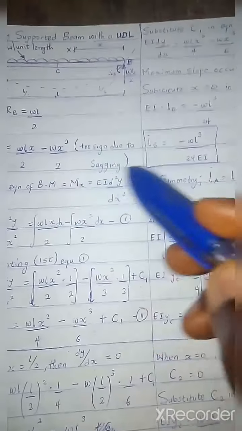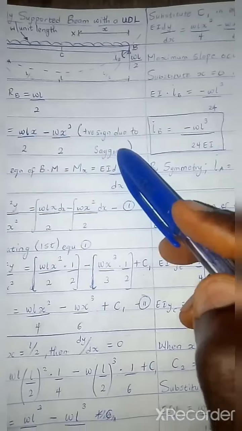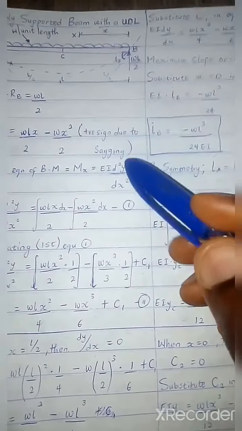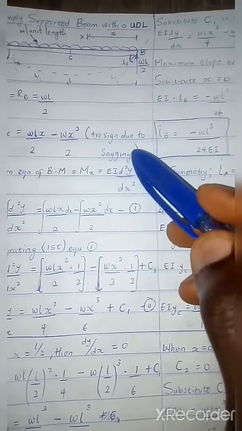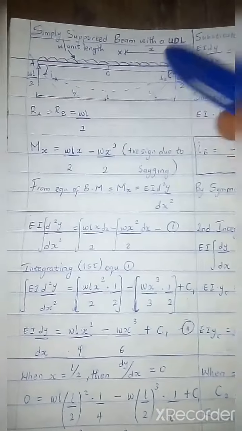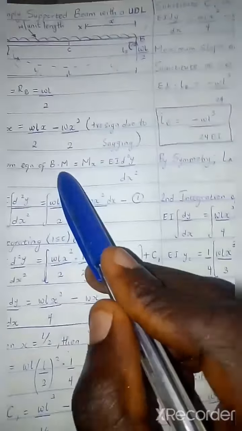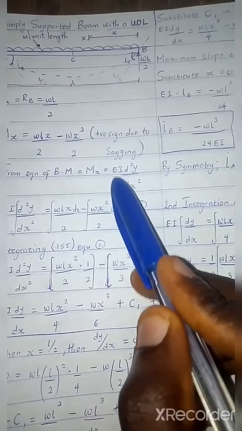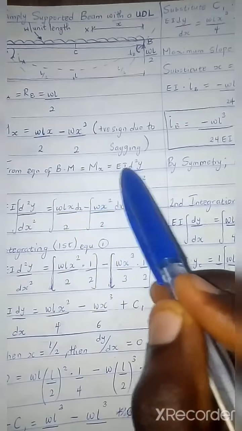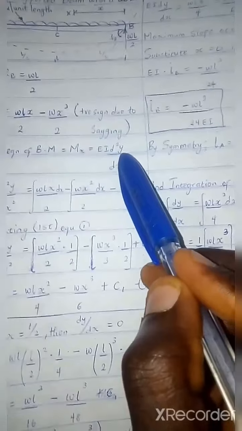The positive sign in this equation shows sagging. Positive is always sagging, then hogging is negative. So from the equation of bending moment, anywhere you see Mx, we put EI times the second derivative of the deflection.